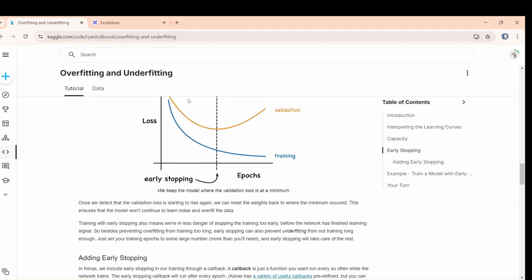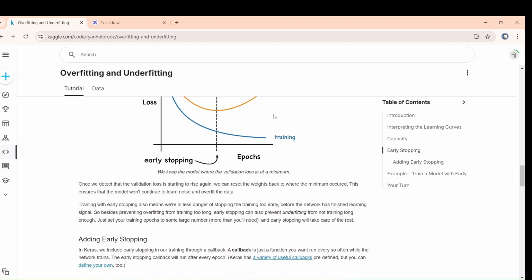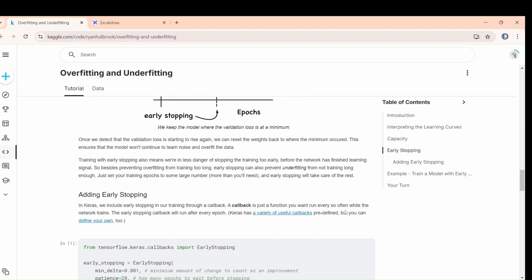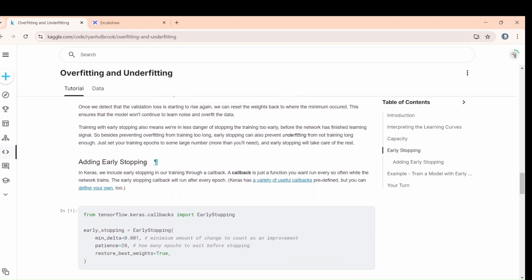Obviously, because you are not suddenly stopping where the model has not learned at all. So you are removing the underfitting problem and the overfitting problem also. You are exactly catching the point. Now just set your training epochs to some large number and early stopping will take care of the rest. Very good.